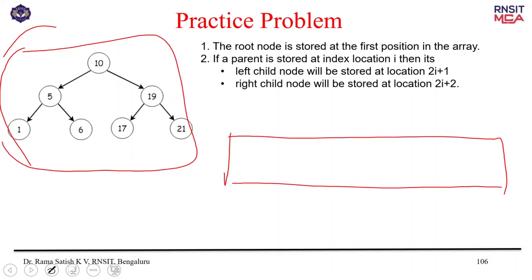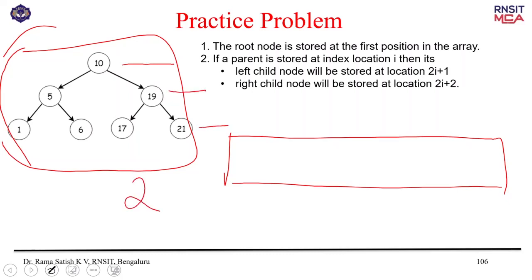Normally you don't know the size of the array. Remember one thing, dear students: if you want to store a tree into an array, first you have to identify the level, or the depth, of the tree. This is level 0, level 1, level 2.